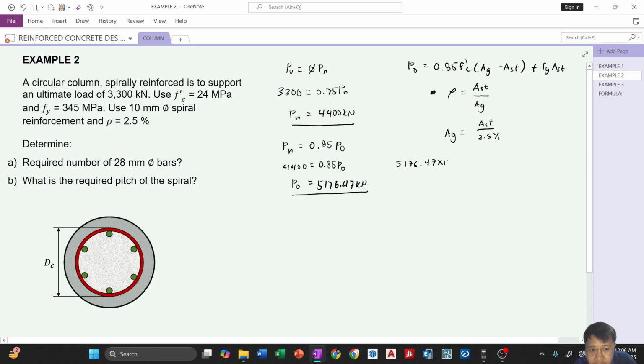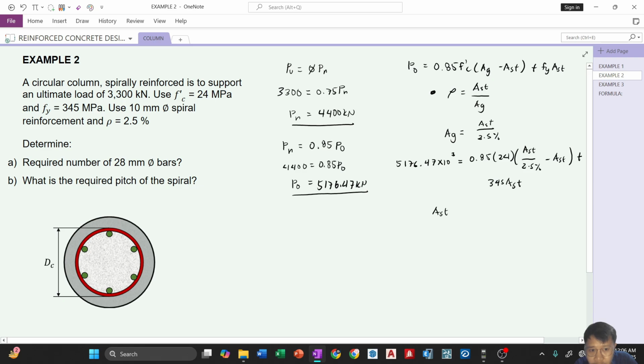Okay? So, we substitute everything dun sa ating P sub 0. 5176.47, make this in Newton, is equal to 0.85, F prime C is 24, area gross is AST over 2.5%, minus area of the steel, plus Fy natin is 345 area of the steel. Okay?